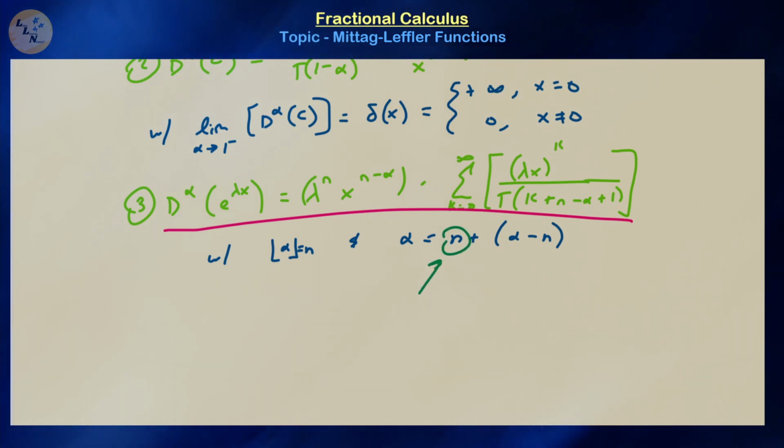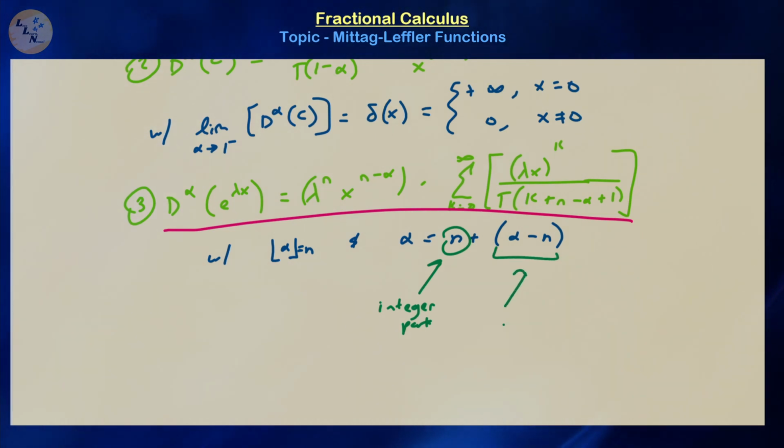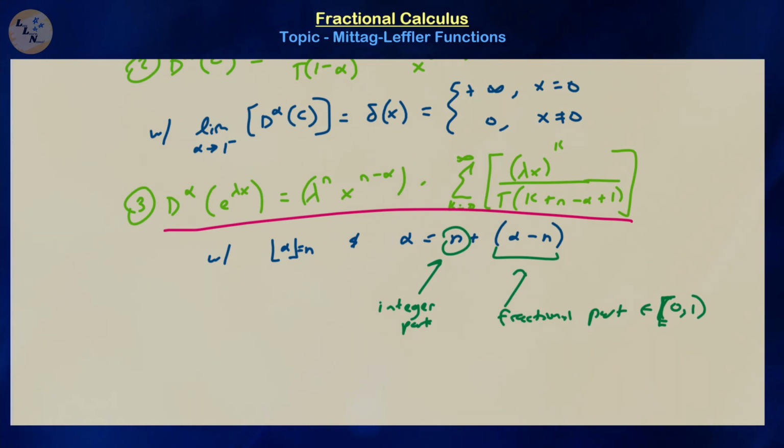So this n is what we call the integer part, and this term here is what we refer to as the fractional part, which typically only belongs to the interval 0 to 1, inclusive of the lower boundary. So that is just some of the basic properties that we've derived up to this point.